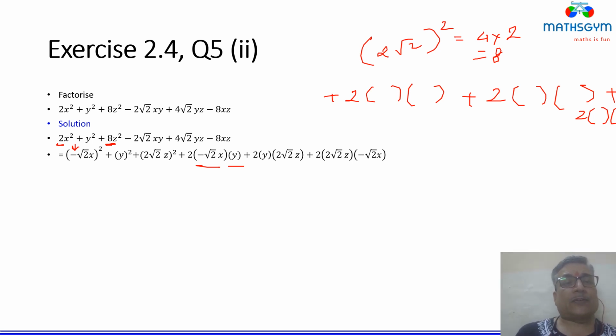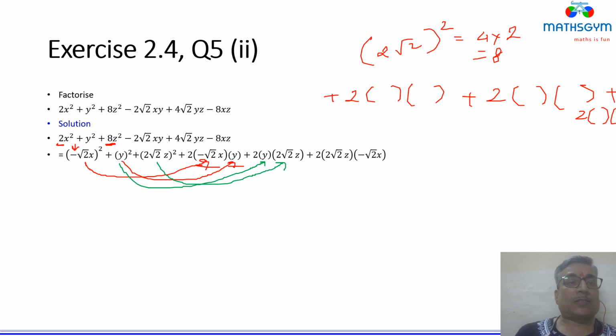So in the first bracket, we are writing minus root 2x, then we get y and put it into the next one. Then we move to the next two brackets where we have y, and then 2 root 2z, which is written here. When we go to the last one, that goes as zx.